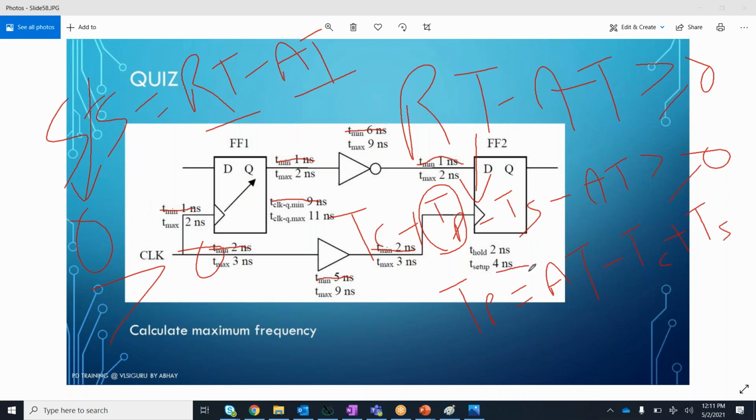So my time period should be greater than or equal to this. Any question to understand this formula?